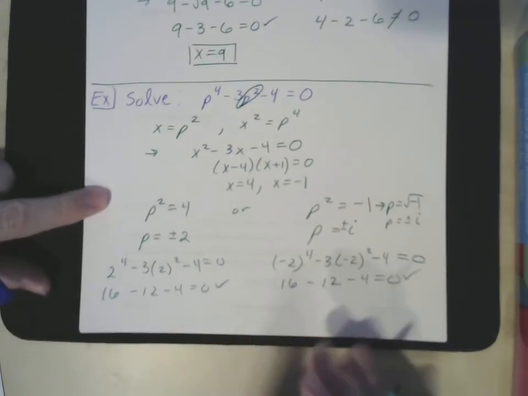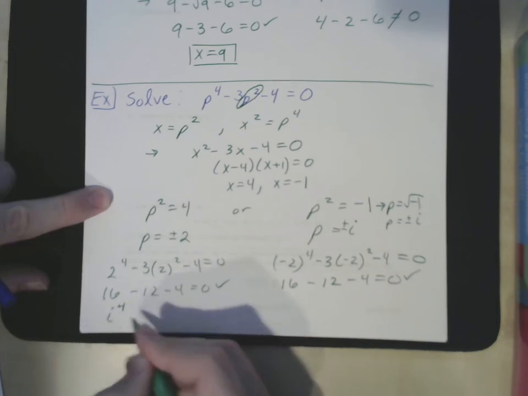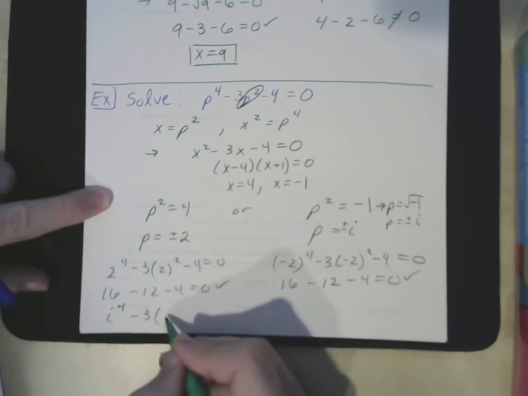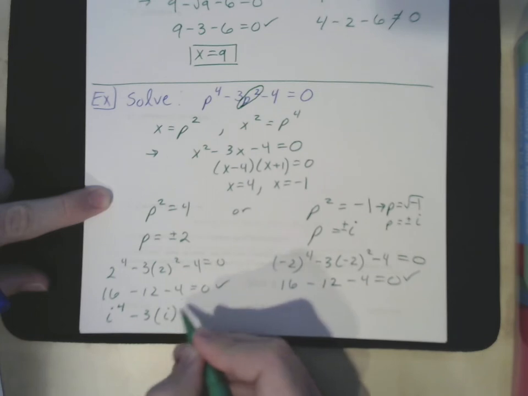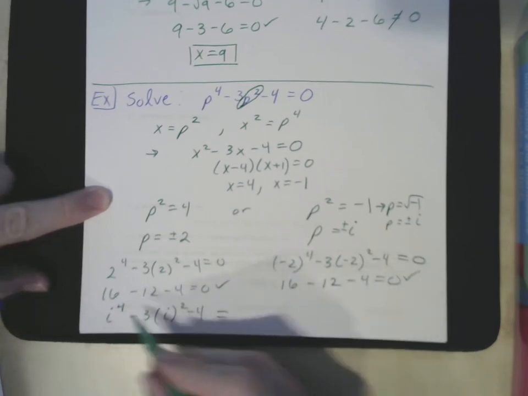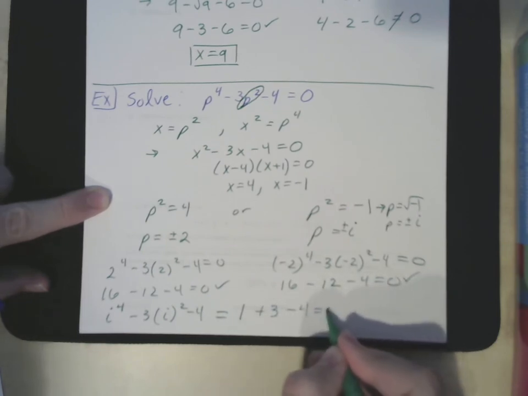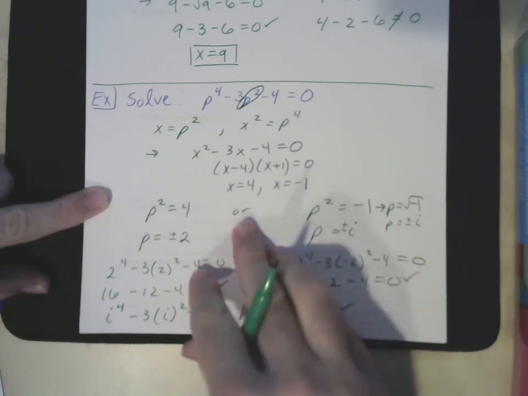Now we're going to plug in our i's. So we have positive i to the 4th minus 3 times i squared minus 4. i to the 4th is 1. i squared is negative 1, so this becomes plus 3 minus 4. That does equal 0.